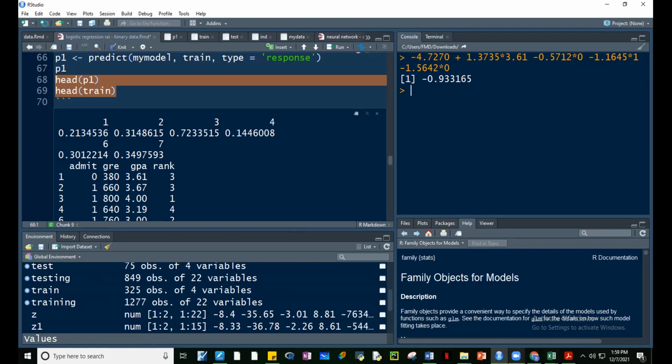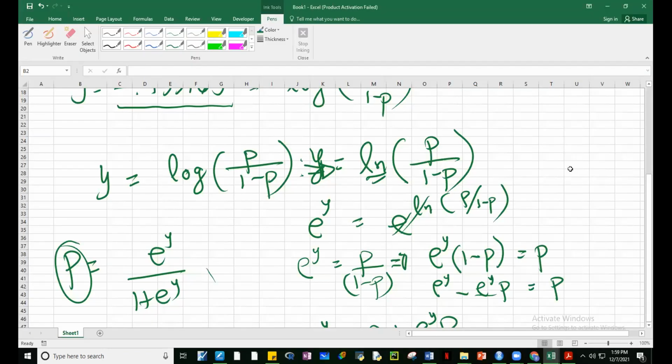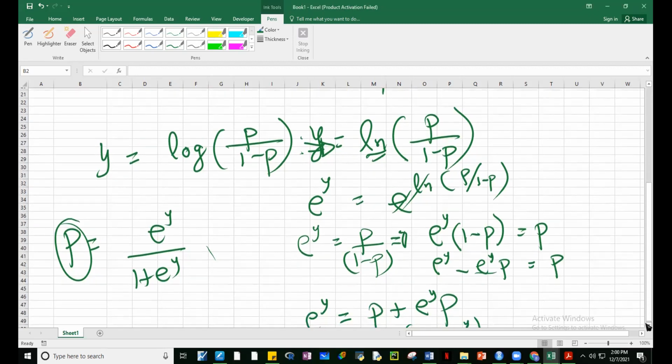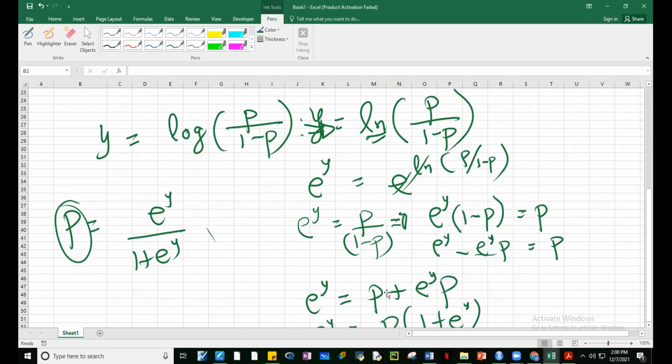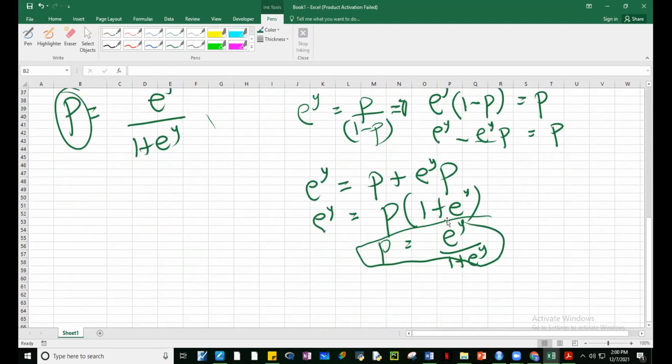So bakit? Dali, let me see. Tama yung equation natin. So e to the y is equal to b. Okay, tama, this is the equation: e to the y over 1 plus e to the y.